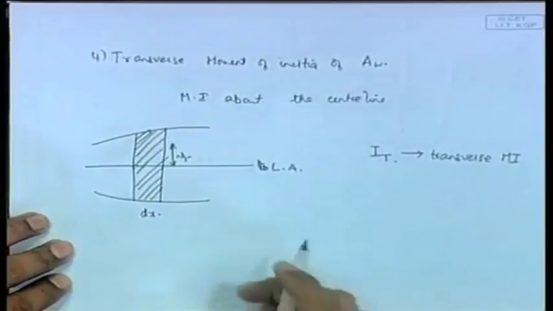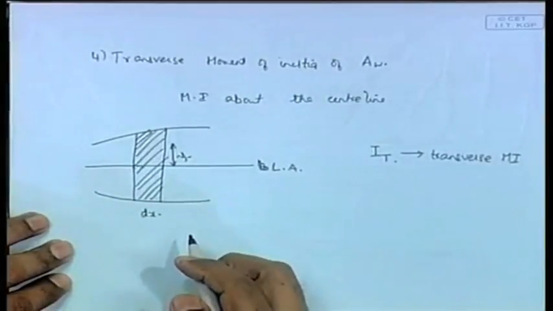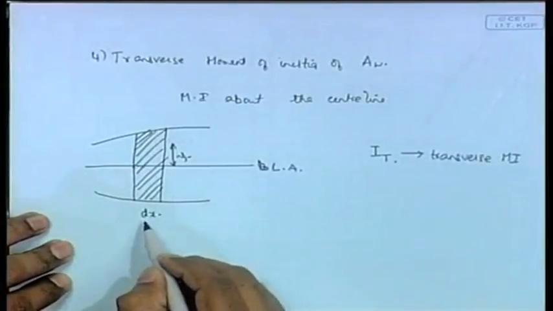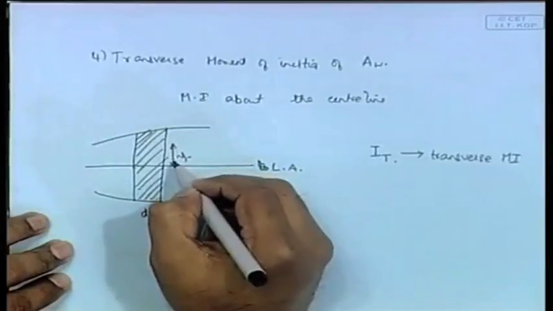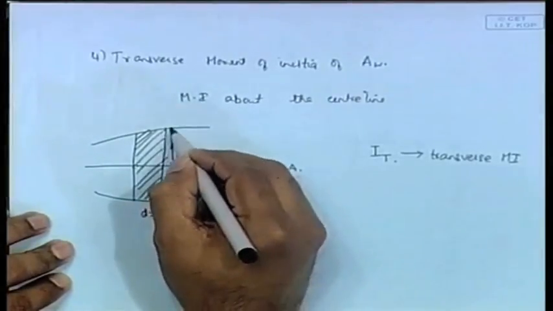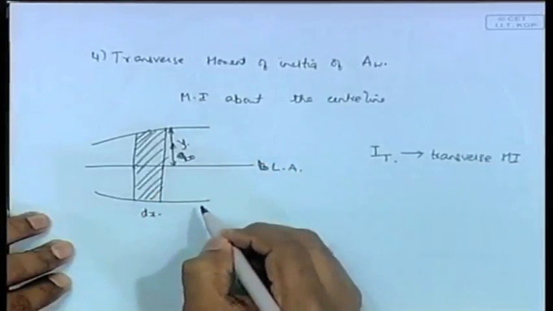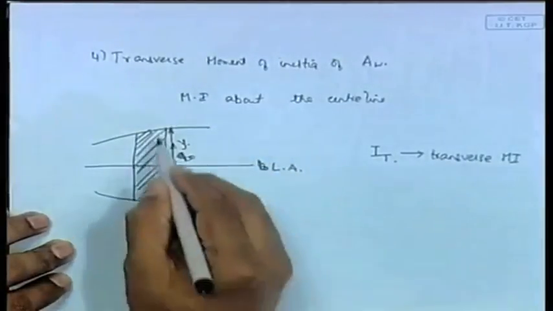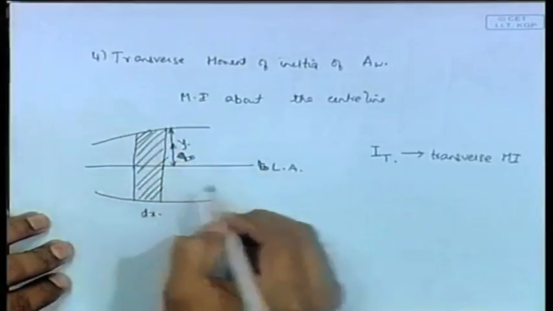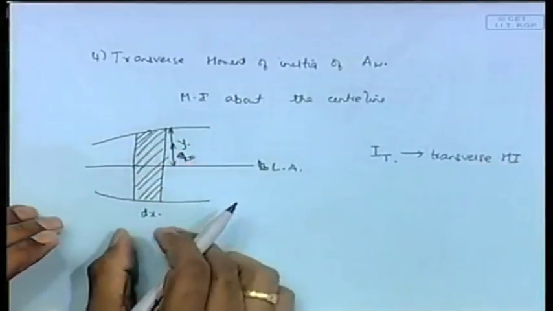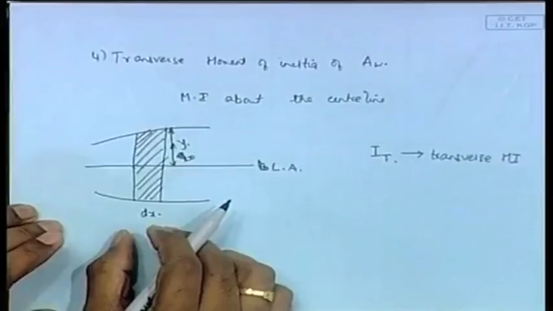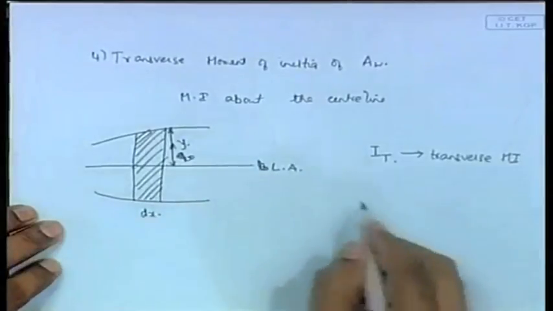Now, looking at this figure, let us say that this length is y. So what will be the moment of inertia of this? We have taken only dx, so let us consider it to be a rectangle, because it is a small length.